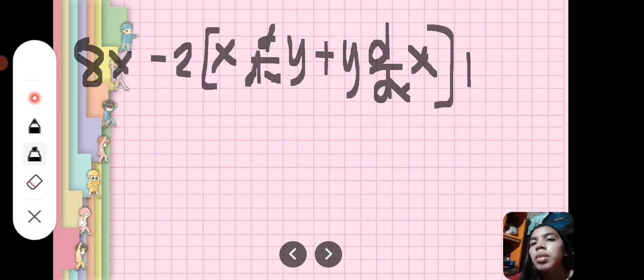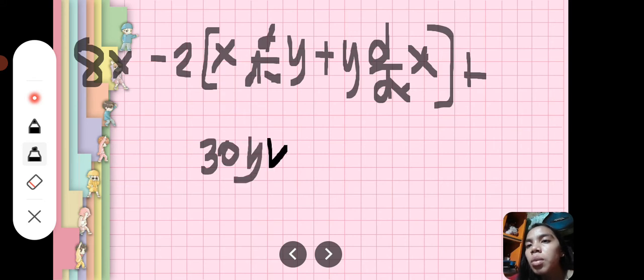Plus the derivative of 15y squared, which is equal to 30y y prime. Then the derivative of x is equal to 1.